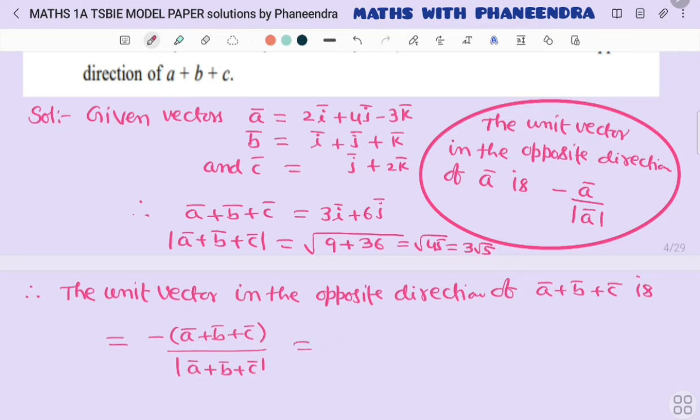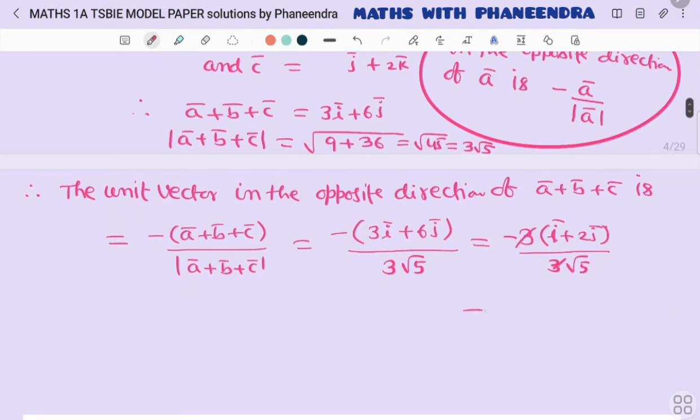So that is equal to minus of a bar plus b bar plus c bar, which is 3i plus 6j, by the magnitude of that vector, 3 root 5. So 3 taken common from the numerator, i plus 2j, by 3 root 5. So 3 gets cancelled.